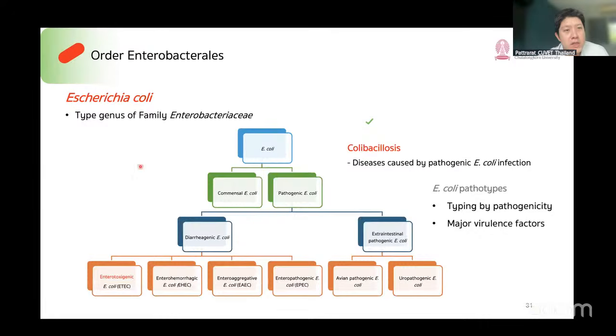For E. coli, E. coli is the type genus of the family Enterobacteriaceae. For the classification based on their pathogenicity, I think most strains are commensal E. coli.